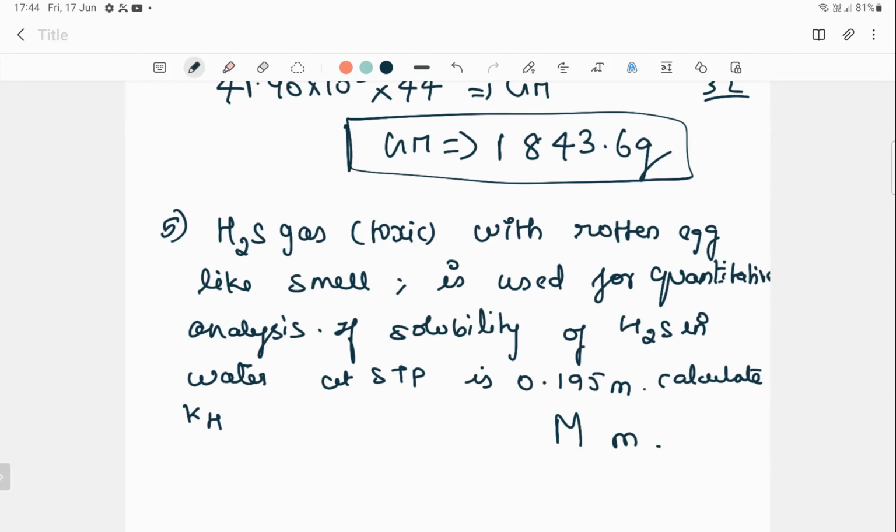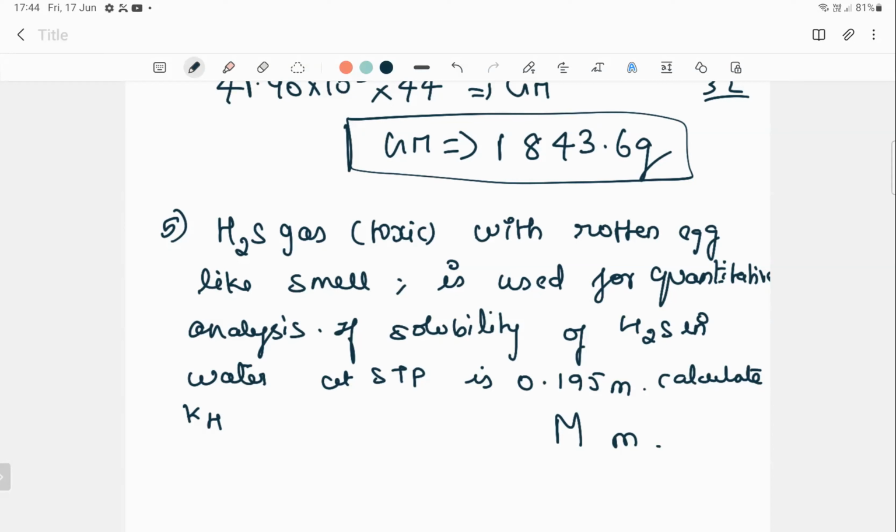So here the number of moles of your solute is H2S. Very easy one. Here there is only 1 kg. So from this molality you can find the number of moles of your solute.